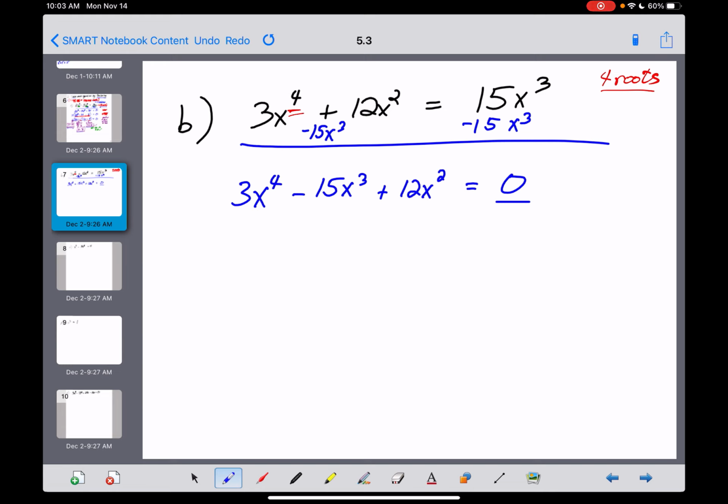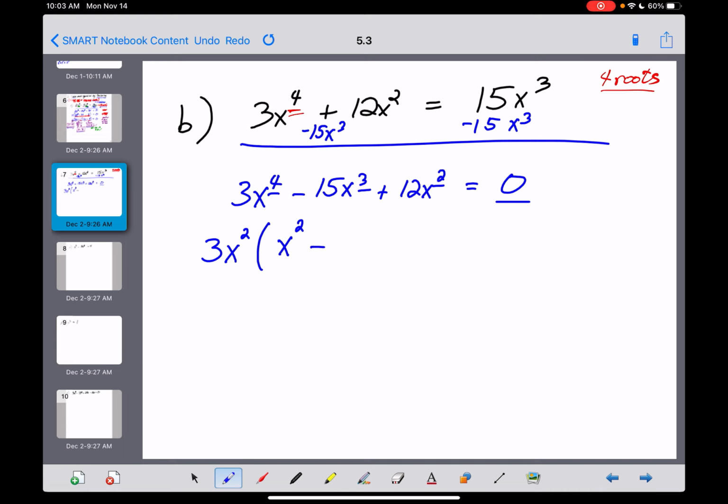Okay, just like before, let's look for a GCF. 3, 15, and 12 are all divisible by 3, and we've got 4 x's, 3 x's, 2 x's here. That means we can pull out 2 of them. So 3x squared is our greatest common factor, and now we start a big set of parentheses. From 3x to the 4th, pulling out a 3x squared, we're left with just an x squared.